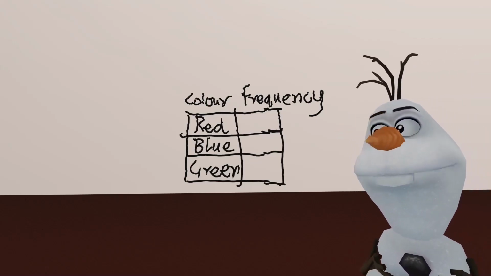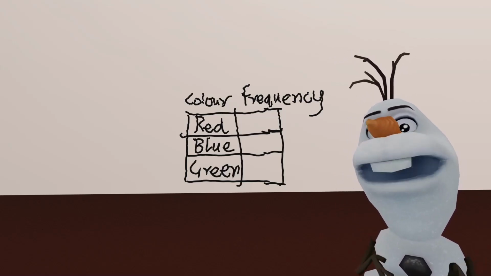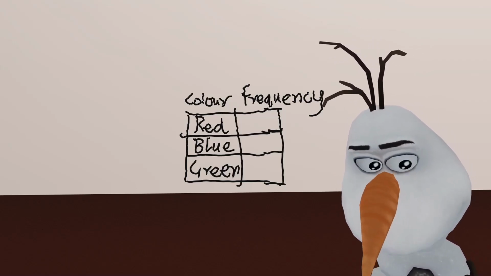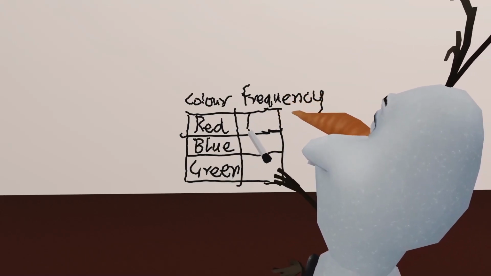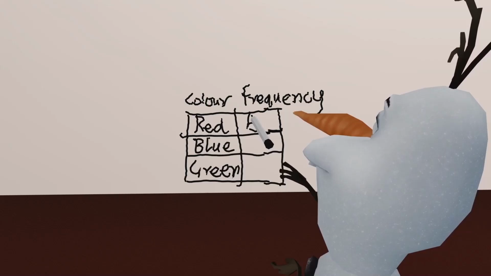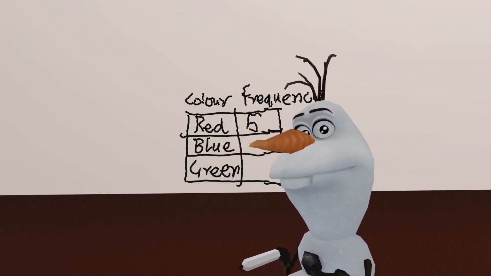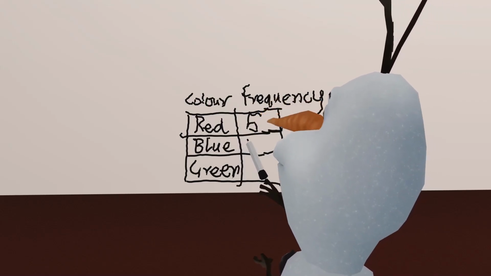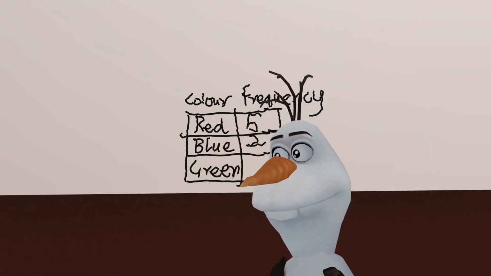So if we had asked this question to the class and 5 people said that they liked red, then we would write 5 in the frequency table.